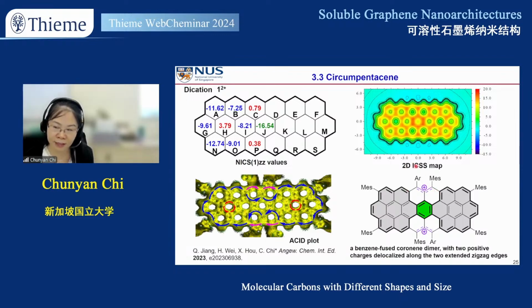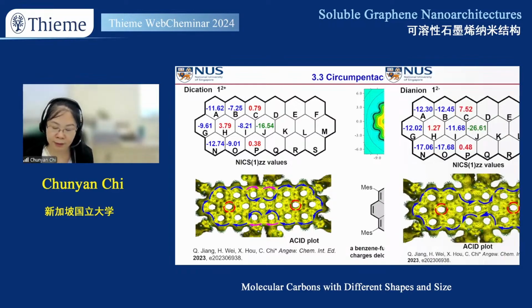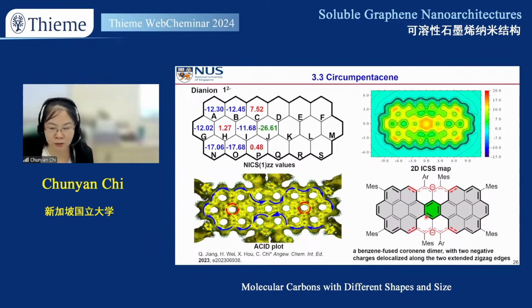And the 2D ICSS map and ACID plot also show a similar result. Then for the dianion, it actually shows a similar electronic structure to the dication.